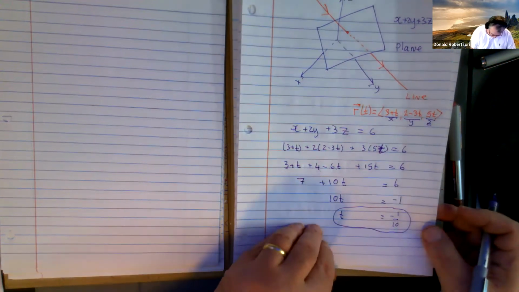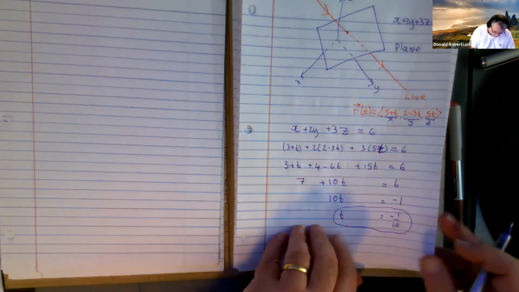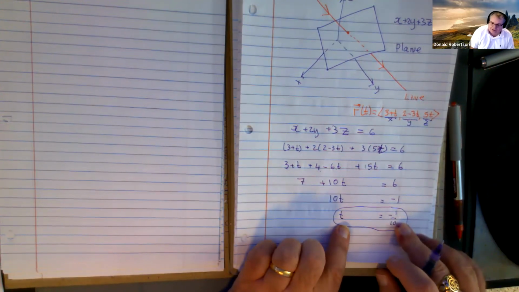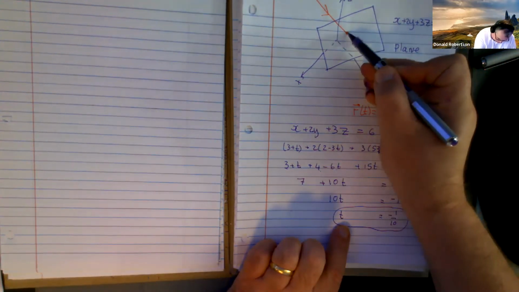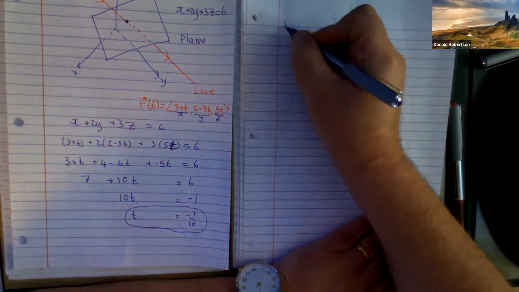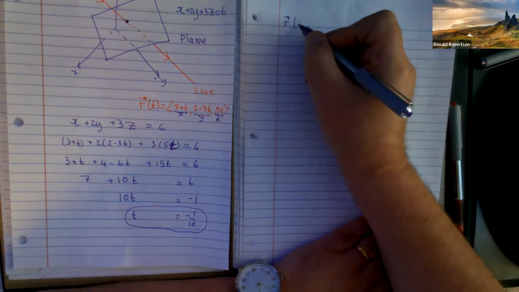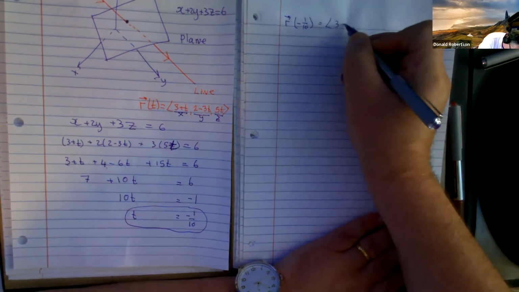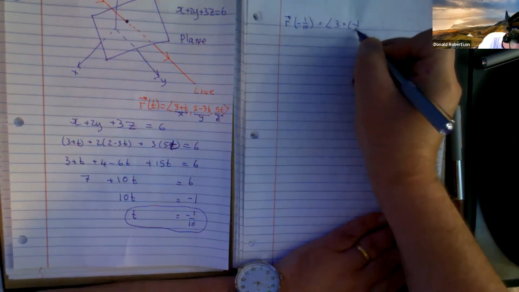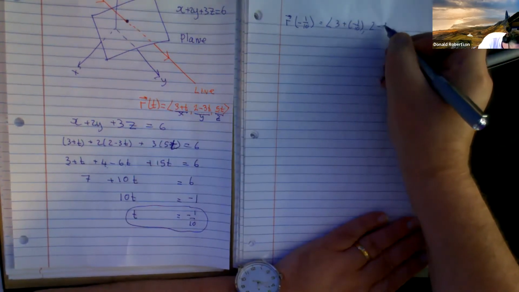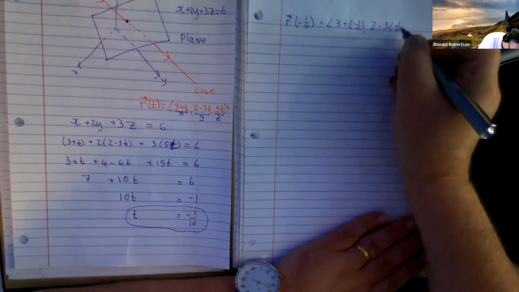And what is that telling me? If t is a number, even an ugly fraction, it's telling me that we are going to intersect at that point. Now I'm going to find out what the coordinates at that point are. I just take the equation of the space curve, and it's 3 plus t, it's the first one. 2 take away 3t is the second one.